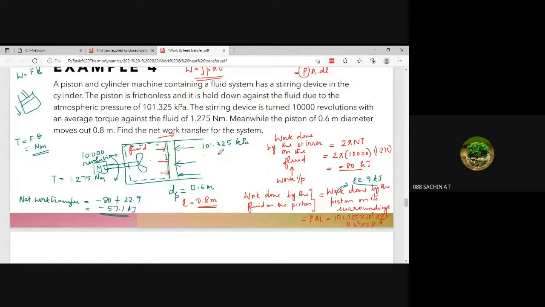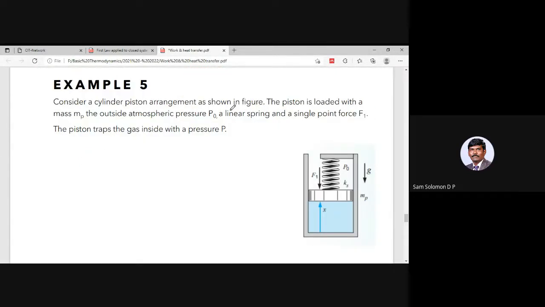No, sir. Here, a cylinder piston arrangement is shown. The piston is loaded with a mass MP. So the mass of the piston is MP, that is mentioned here. The outside atmospheric pressure is P naught.